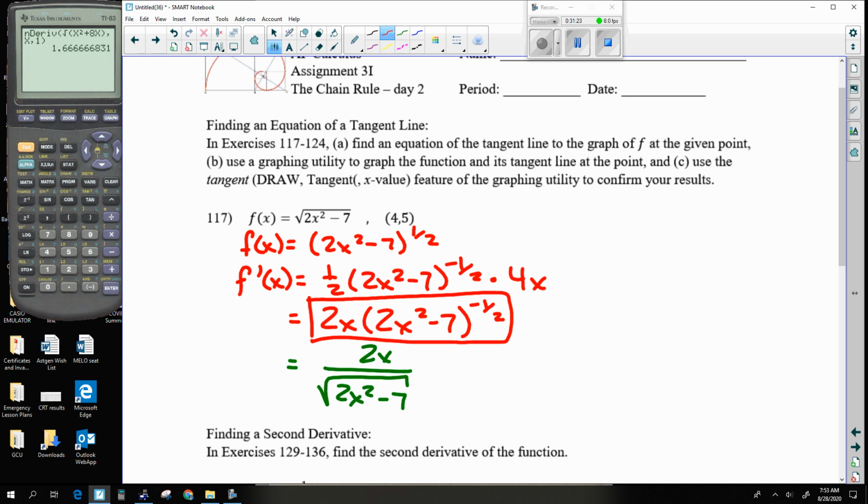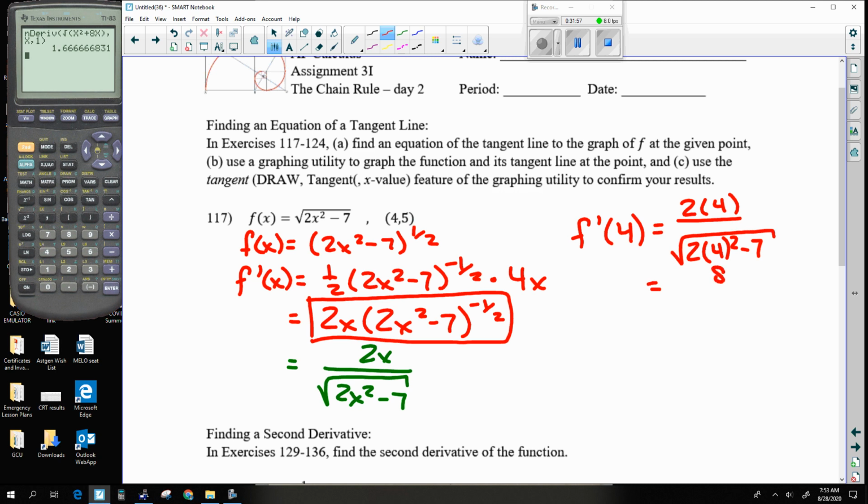So what is this at? That's all slopes. Now we specifically want to know what is the slope when x is equal to 4. I'll look at the green, so that's 2 times 4 over the square root of 2 times 4 squared minus 7.